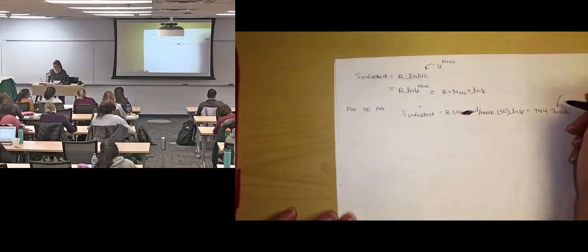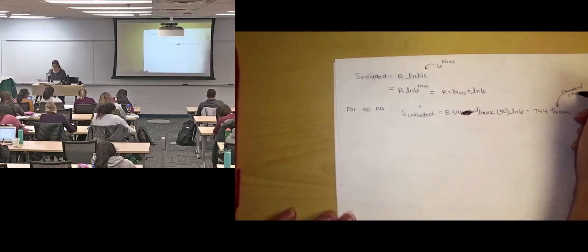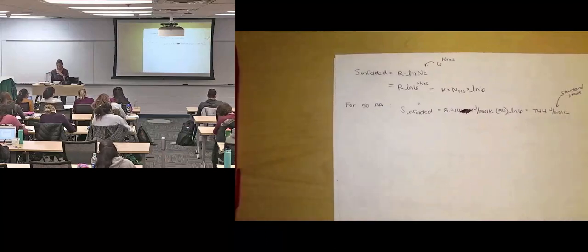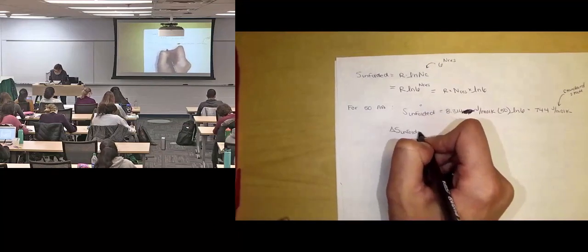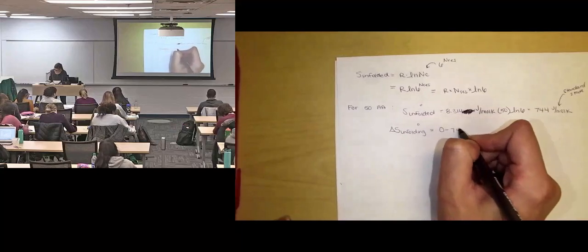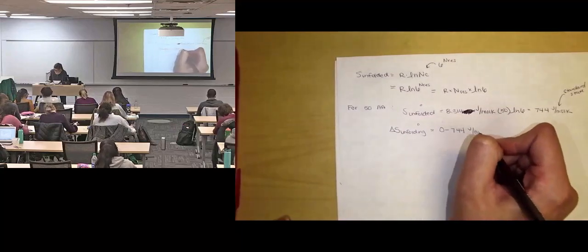Like I said, I'm at standard state. This is just for 1 mole of proteins in solution. So to calculate the entropy of unfolding my protein, it is just 0 minus 744 joules per mole Kelvin, or negative.